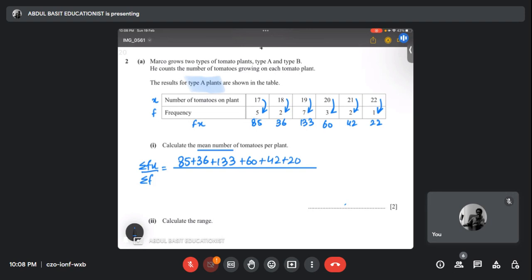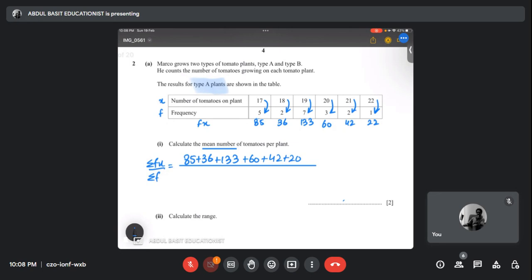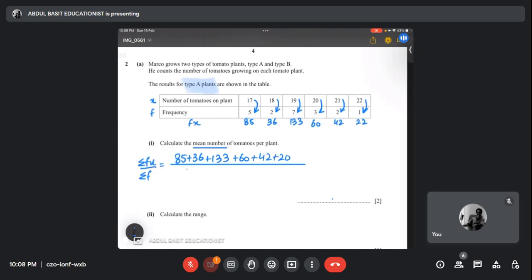The total frequency is, we know that there are total some plants, so we have to add the frequency as well. Frequency is 5 plus 2 plus 7 plus 3 plus 2 plus 1. Please use your calculator efficiently and tell me the answer for the numerator and the denominator.